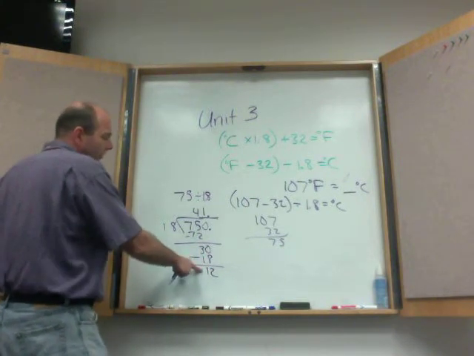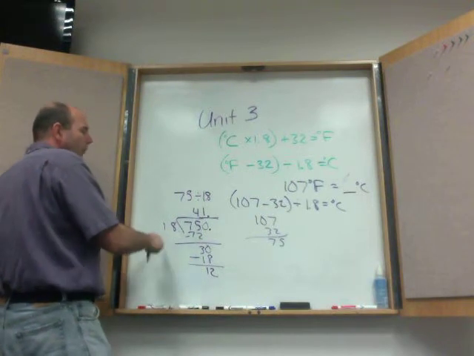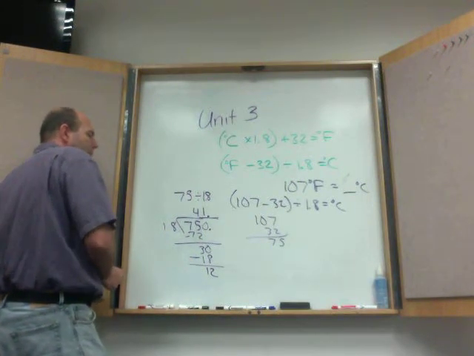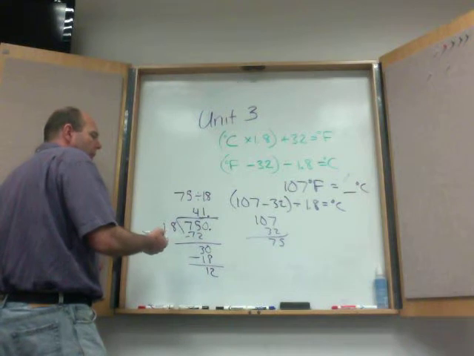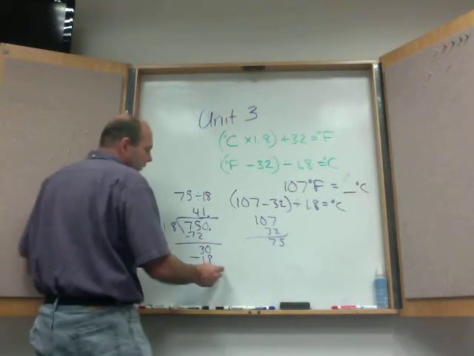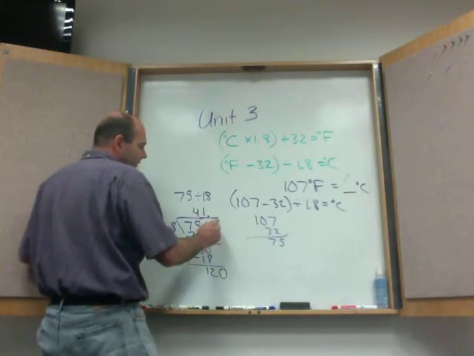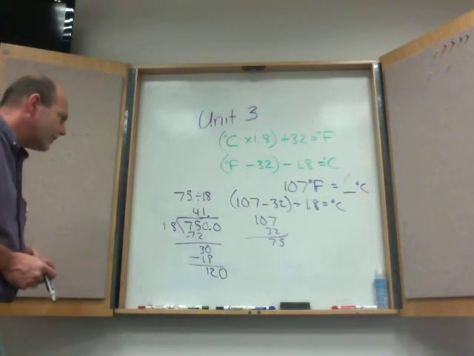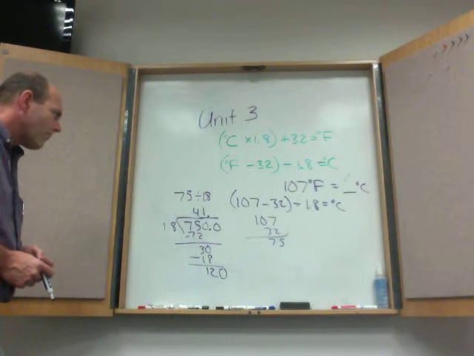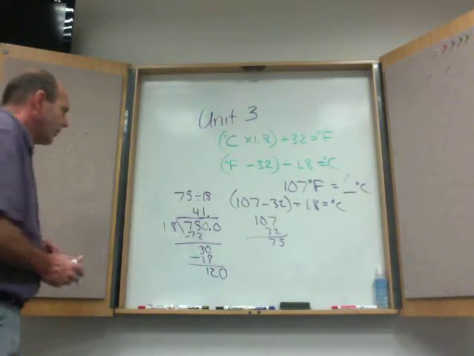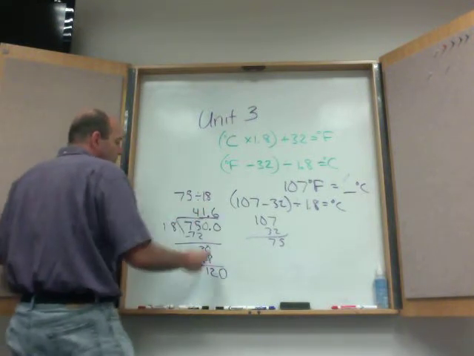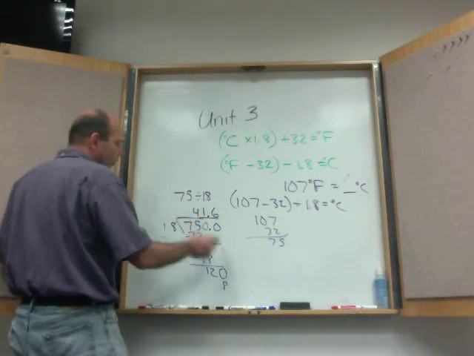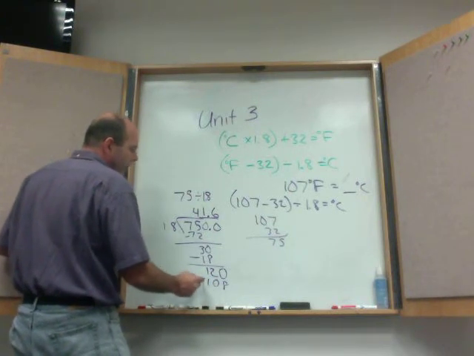I could just say this as a fraction, 12 over 18. But generally they want it in decimals, so we're going to go ahead and add a 0. 18 goes into 120 how many times? 6 or 7? I think 6 times. 6 times 8 is 48, carry a 4, 108.